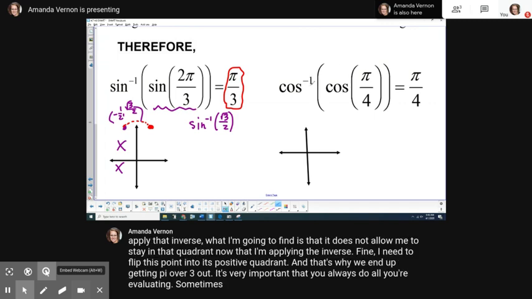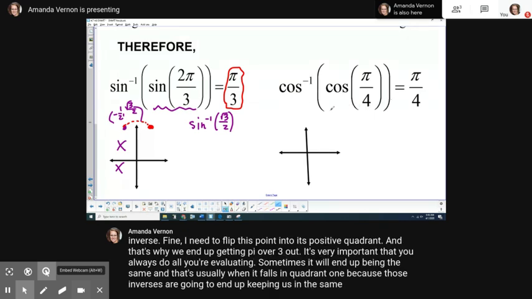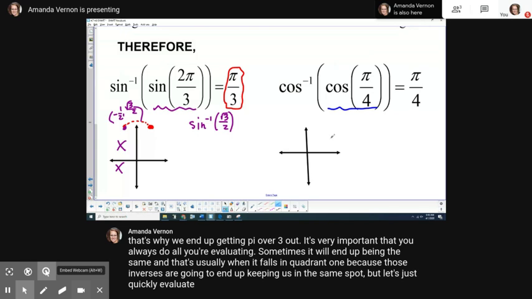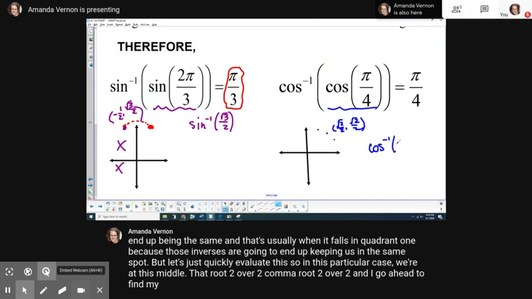Sometimes it will end up being the same, and that's usually when it falls in quadrant 1 because those inverses are going to end up keeping us in the same spot. But let's just quickly evaluate this. So in this particular case, we're at this middle coordinate, √2 over 2, comma √2 over 2. And I go ahead to find my cosine inverse of that √2 over 2.